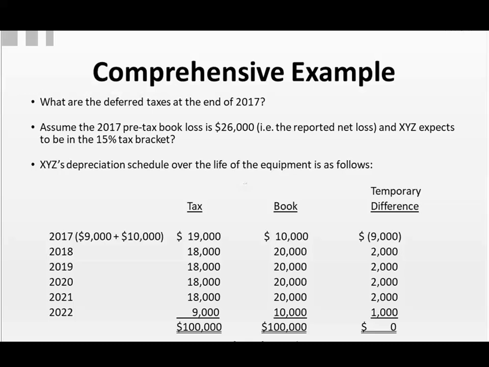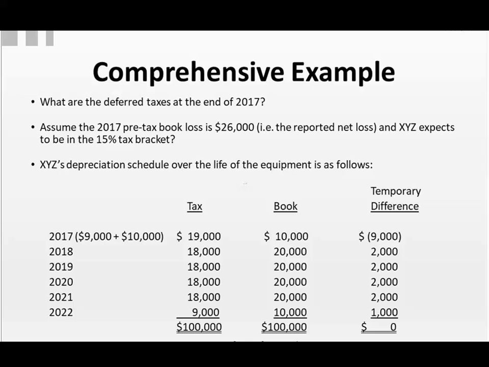It's going to be the same, but they're going to hit in different years. So you can see we're going to create a temporary difference in the first year, a $9,000, which is going to be the basis for a tax-free loan from Uncle Sam, which is going to be a deferred tax liability, okay? And then the $9,000 gets paid back 2, 2, 2, 2, 1. Actually, it's the tax rate times these numbers, okay?